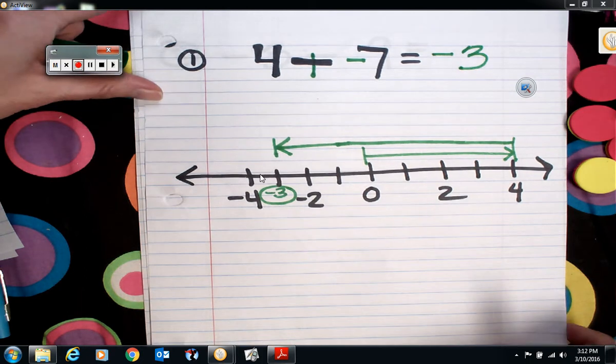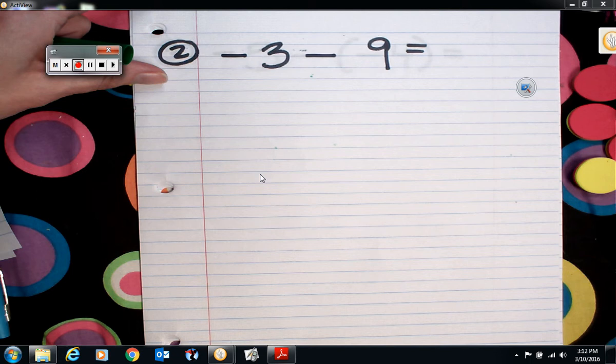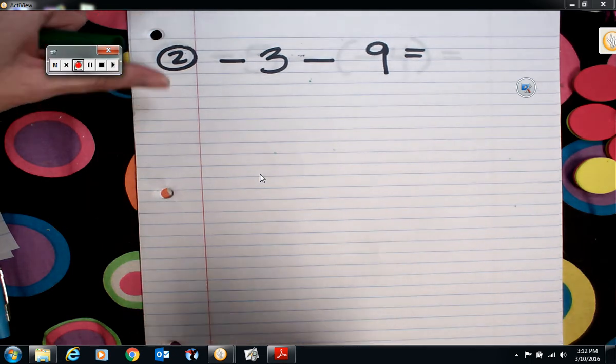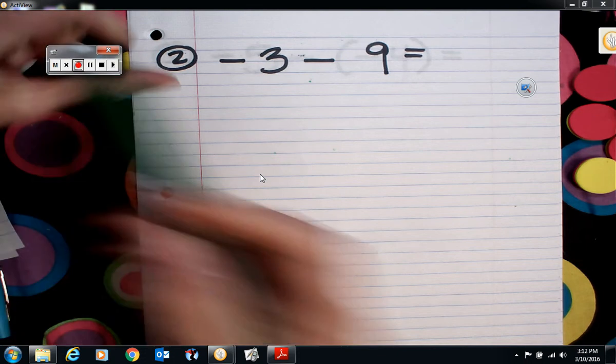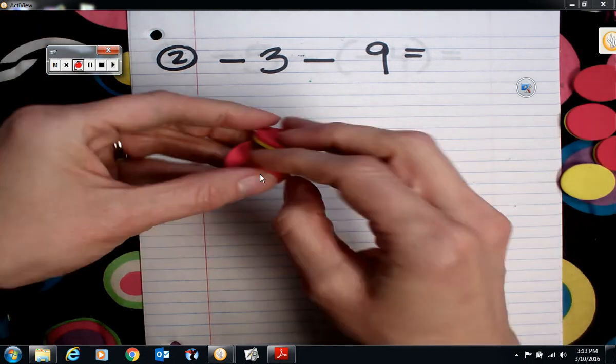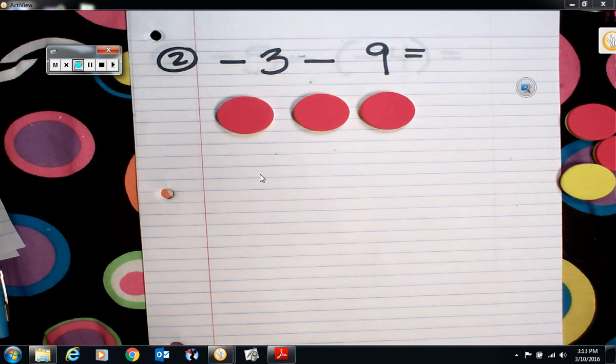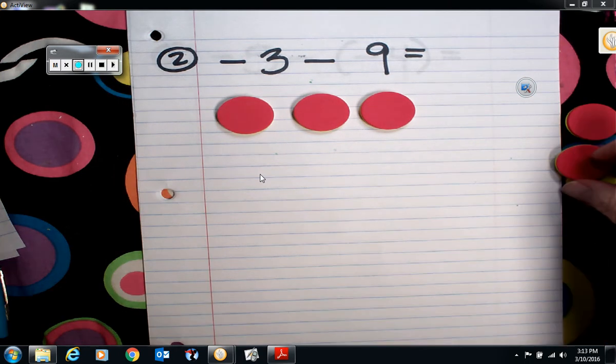Let's try another one. So now I have negative 3 minus 9. So first let's do our counters. I'm going to start with 3 reds for negative 3. And I want to take away 9 positives, but I don't have any positives to take away this time.